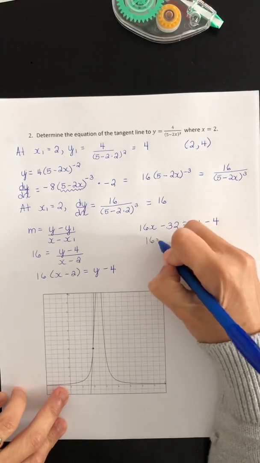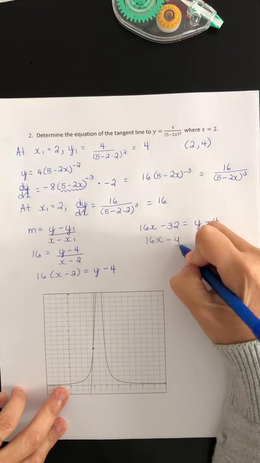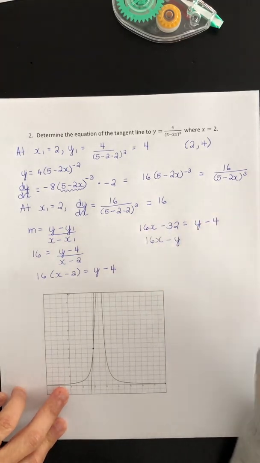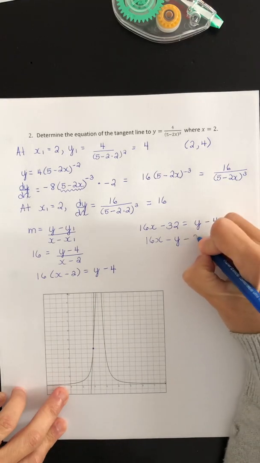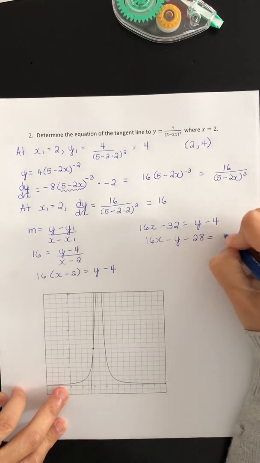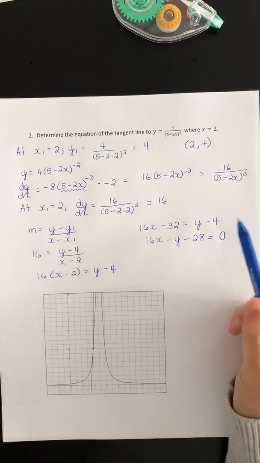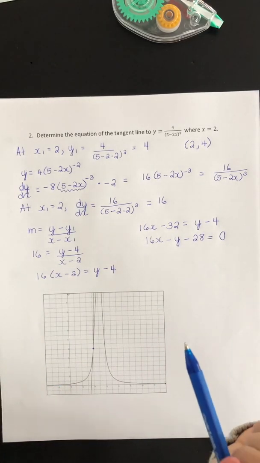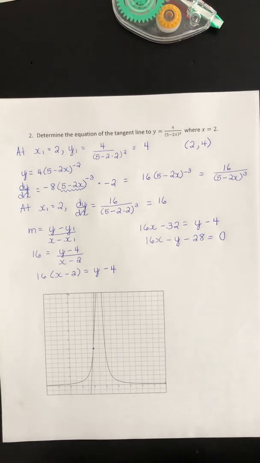So 16x minus y. Now it's negative 32 plus 4. So negative 28 is 0. And again, that's the same as y equals 16x minus 28, if you write it in the form y equals mx plus b instead.